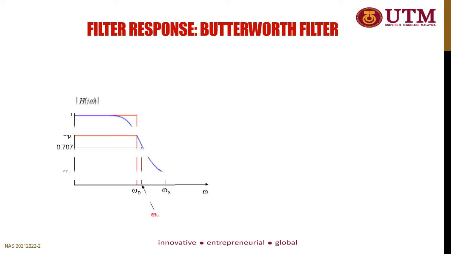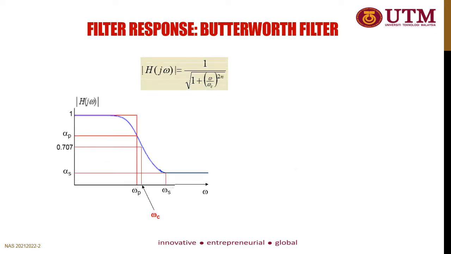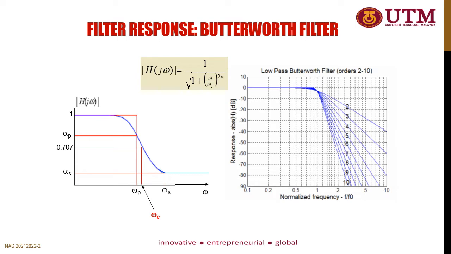Okay, filter response for the Butterworth filter. It's flat top, no ripples in the passband area. We are using the low pass filter response in this case. If you have a high pass filter, it looks something like this.